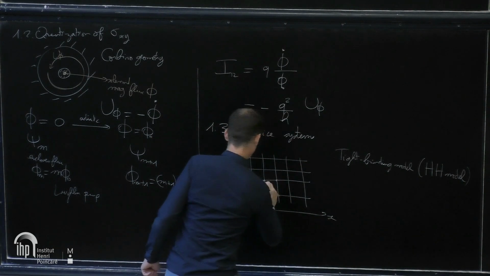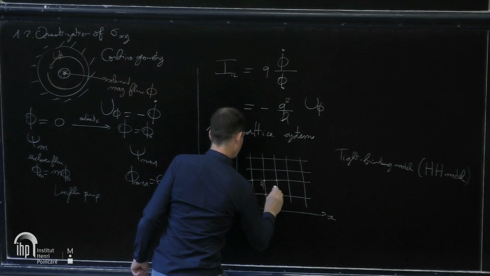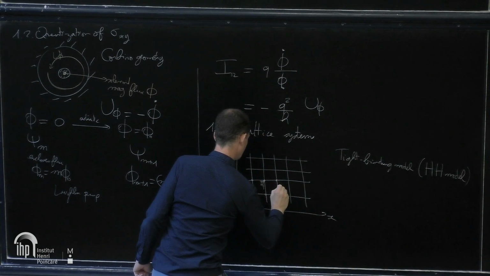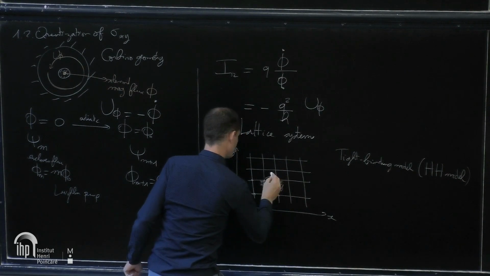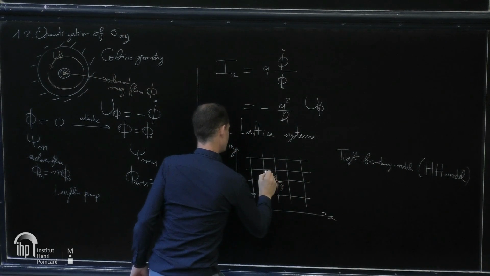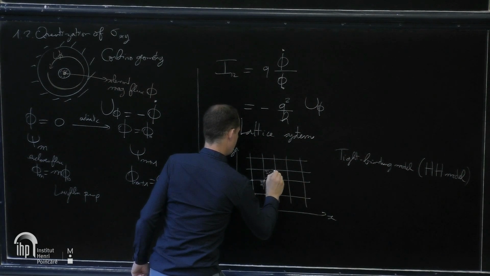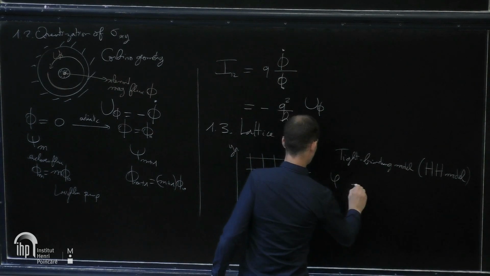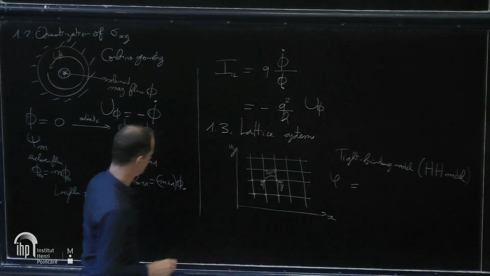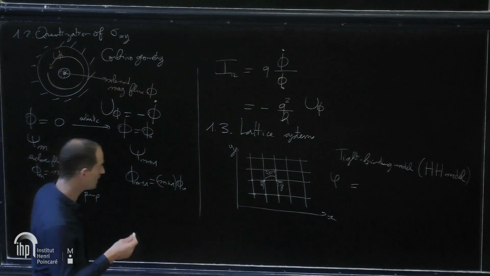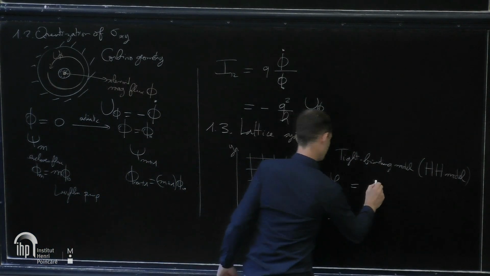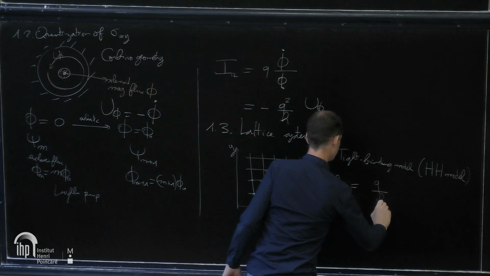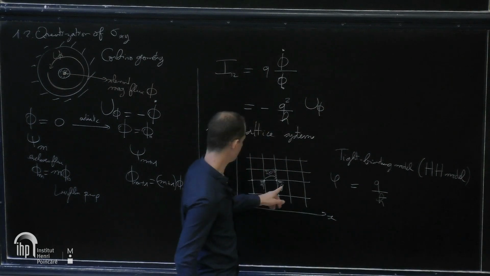And so the hopping from a position Ri to a position Rf occurs with a tunnel matrix element that I call J e^{i phi}, where phi is given by the Aharonov-Bohm phase that the charge acquires when going from Ri to Rf.